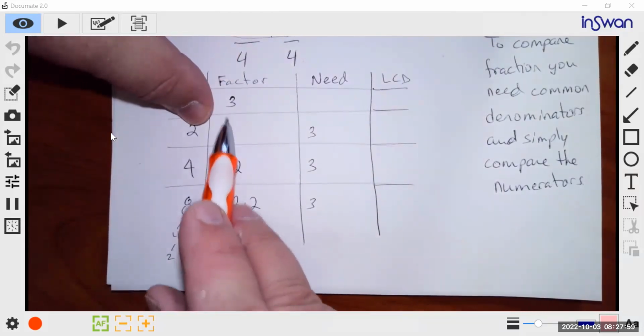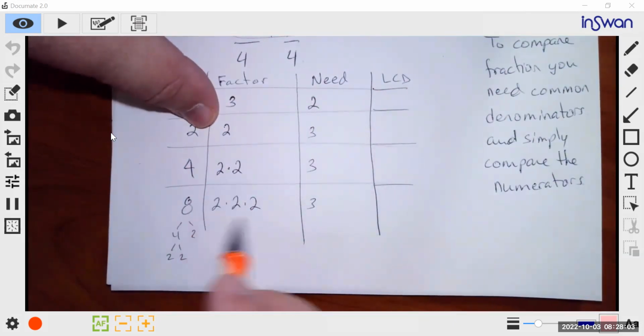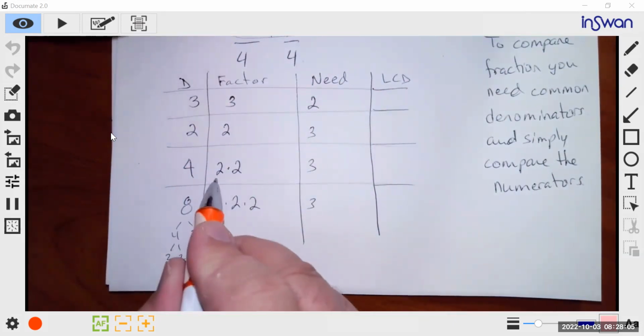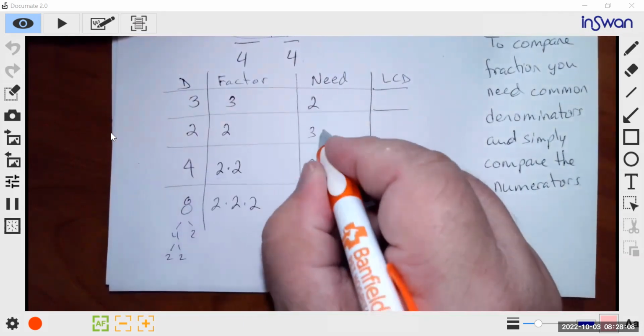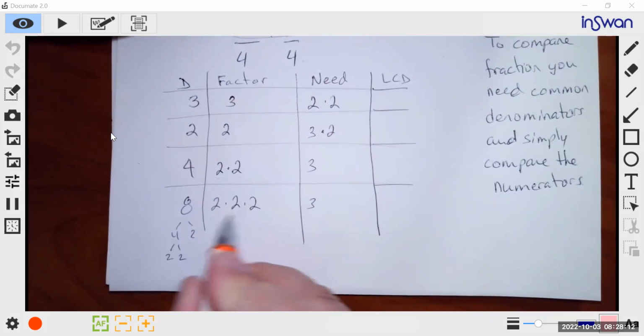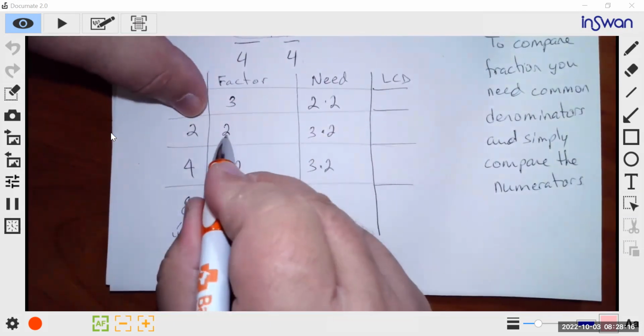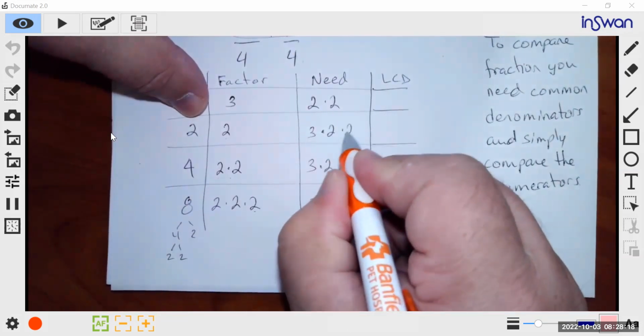This one has a 2. This one doesn't, so it needs a 2. This one has two 2s, so it needs another one. This one already has two 2s. This one has three 2s, so it needs one more 2.